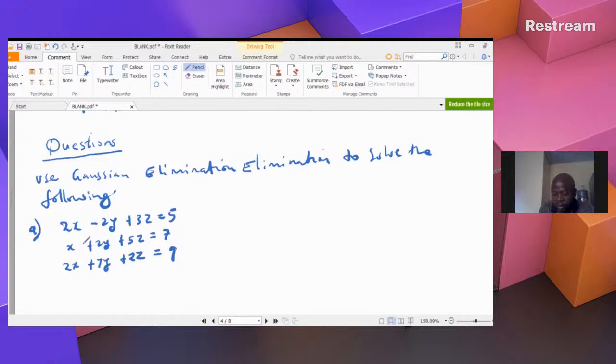This is the question. 2x minus 2y plus 3z is 5. x plus 2y plus 5z is 7. 2x plus 7y plus 2z is 9.